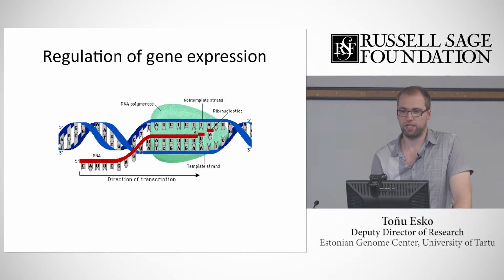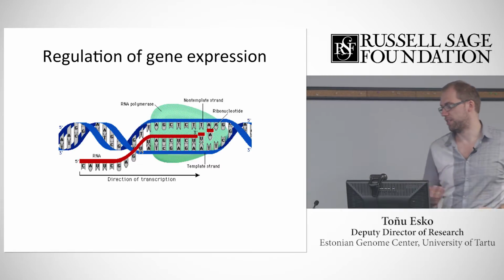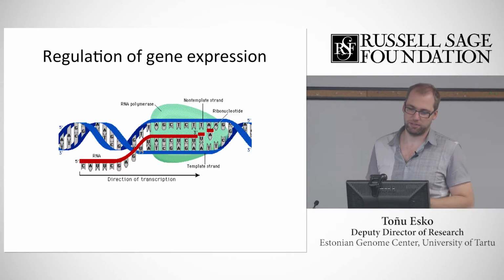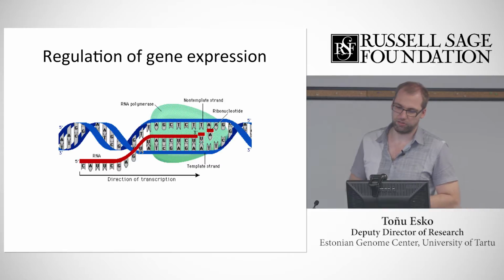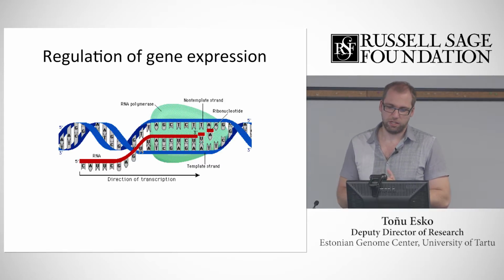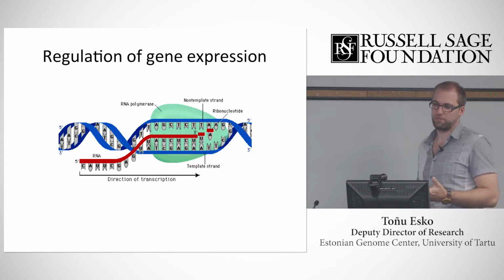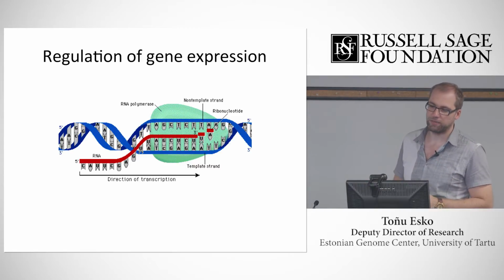So okay, now I have a little bit more on the regulation of gene expression. As I said, there are roughly 20,000 genes, but not all are active all the time, and many are only active in certain steps in development, or certain tissues only.